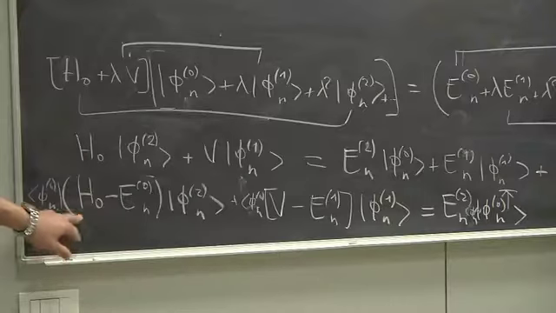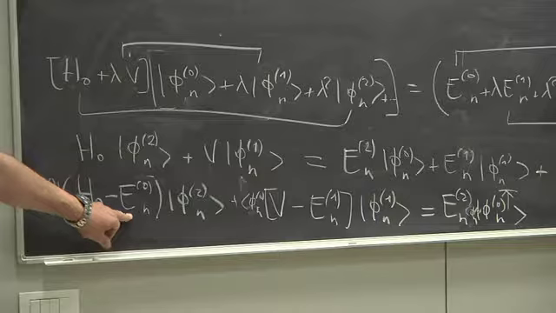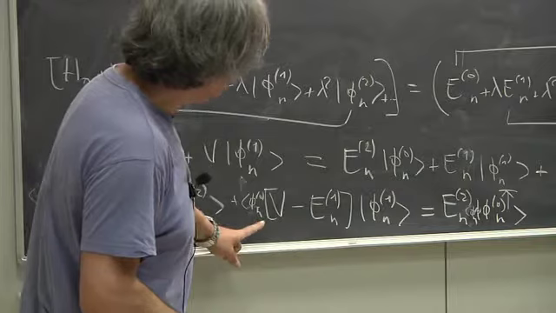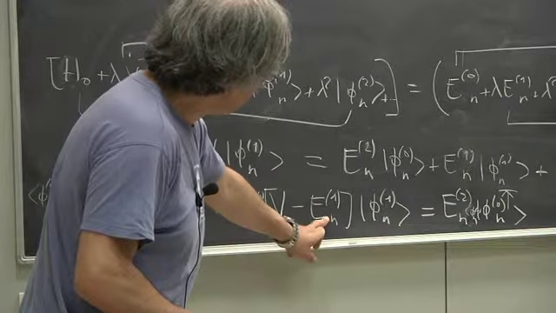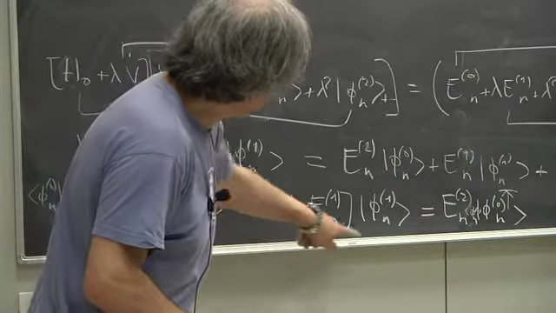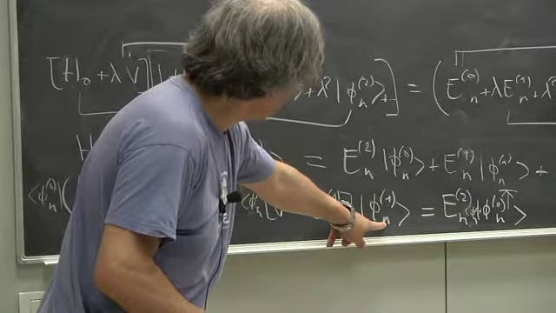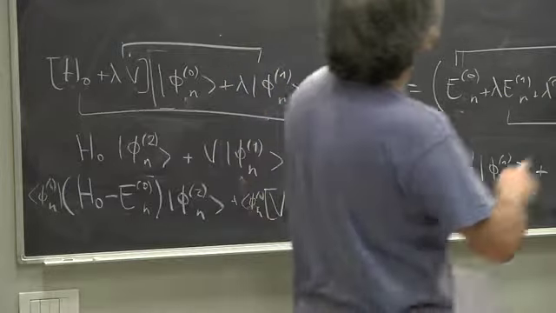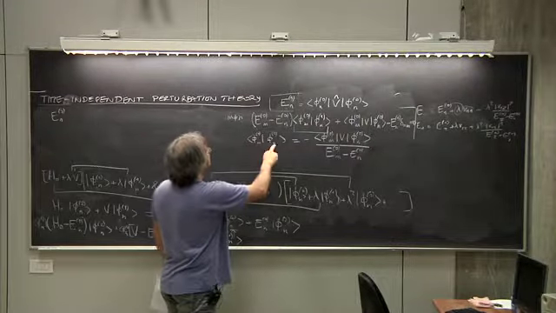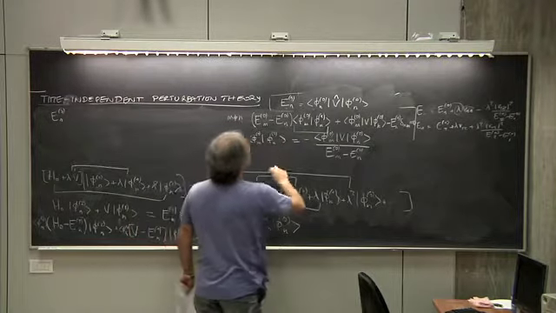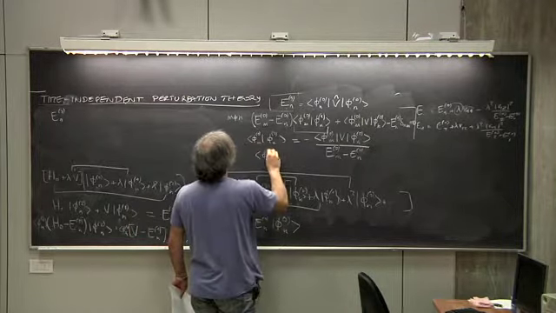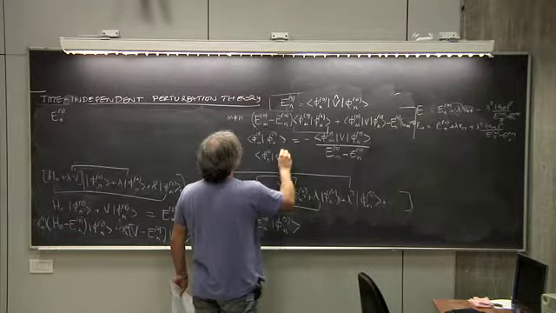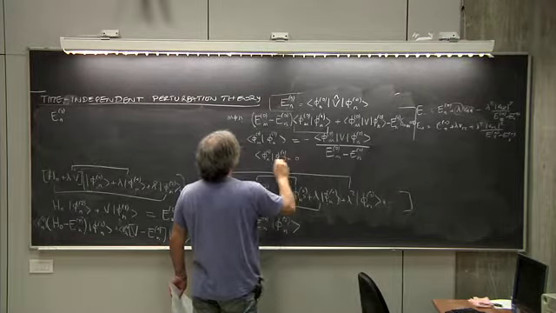Now, this object here gives me E0n minus E0n. So, again, it drops. And this gives me what? Well, let's see. The constant E1, when I take the scalar product between phi 0n and phi 1n, these two terms, you see, the phi 1 has correction only for m different from n, okay? So what I have omitted from writing here is that I've taken essentially the n term to be 0.